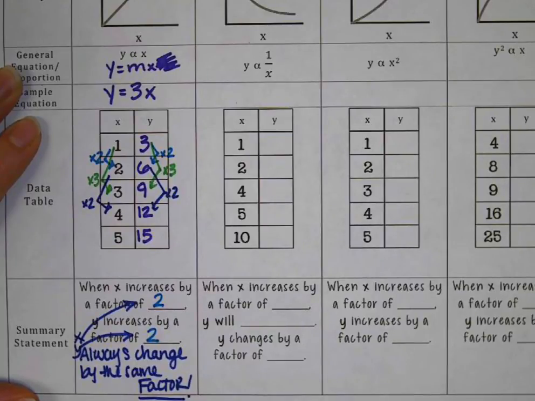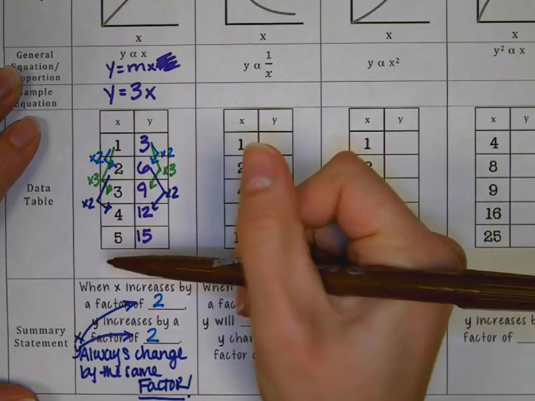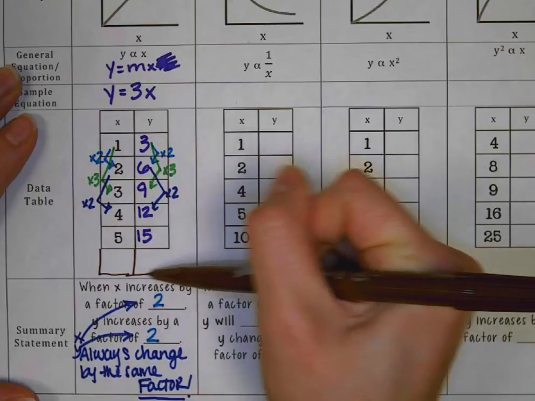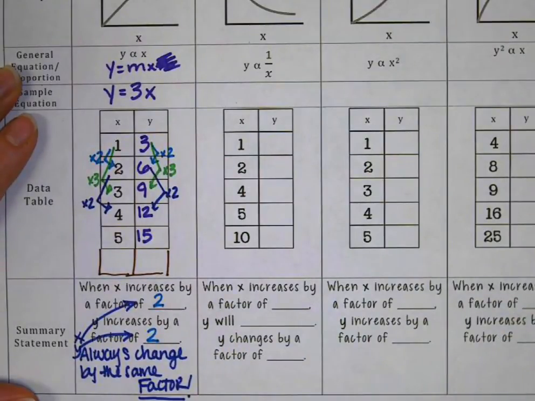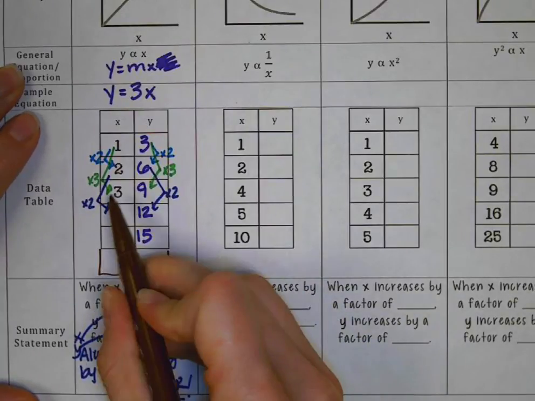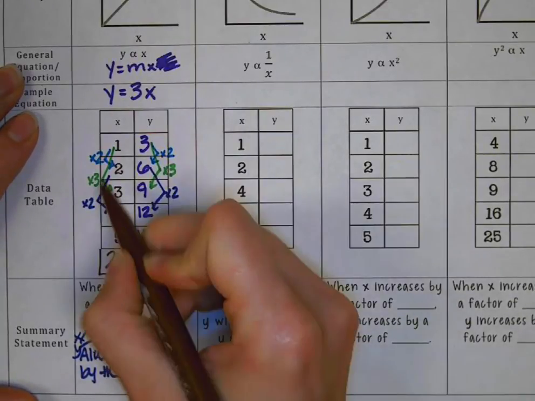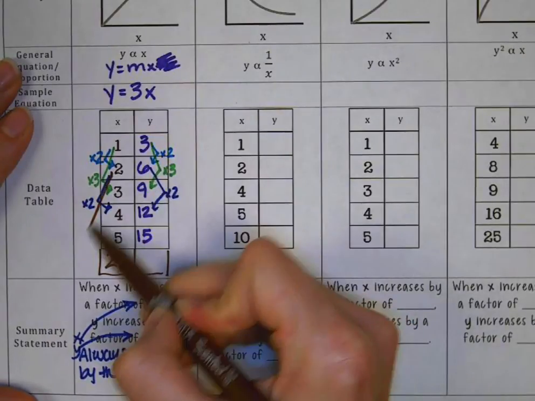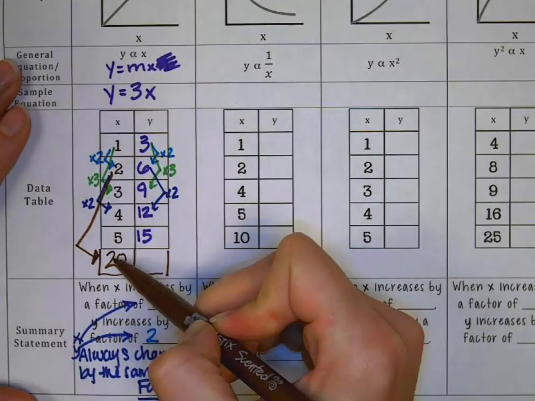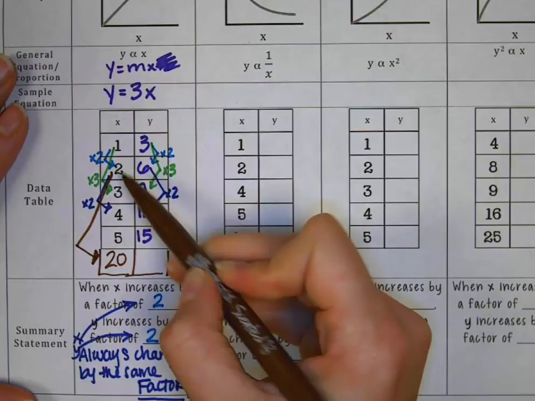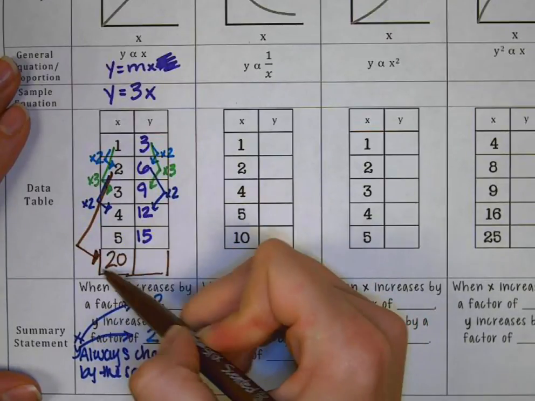We could apply that and add in one extra row to our data table. If I were to just make up a number, say 20 is my number, that would mean I went from 2 to 20, and I just picked 2 to 20 because that's an easy one to look at. By what factor did I change to go from 2 to 20?